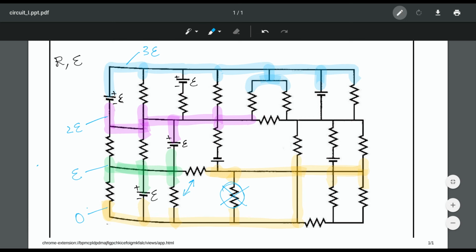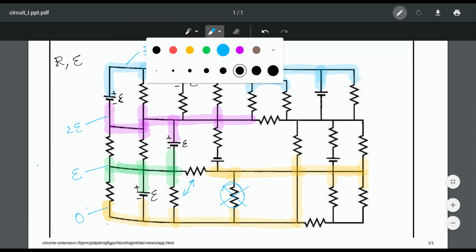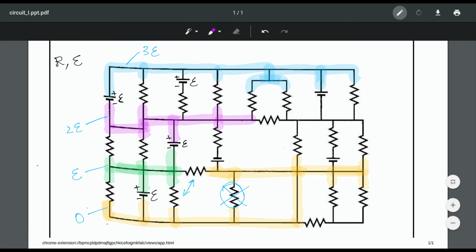Now, if I go from blue, I don't want to deal with this resistor below it because I don't know the current. There are too many things that can be different. But the batteries, again, are really well known. So if I start here at the blue at 3E and step down through this battery, I'm at 2E, because 3E minus E equals 2E.